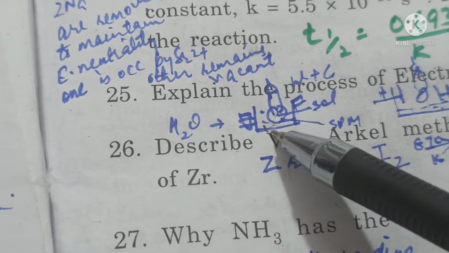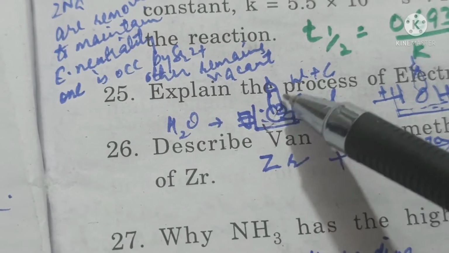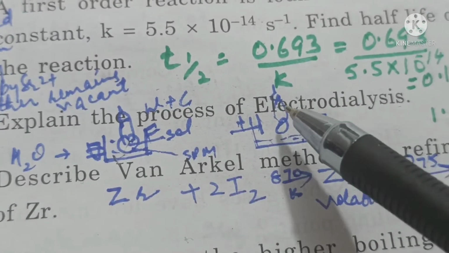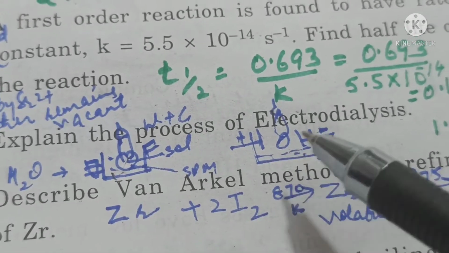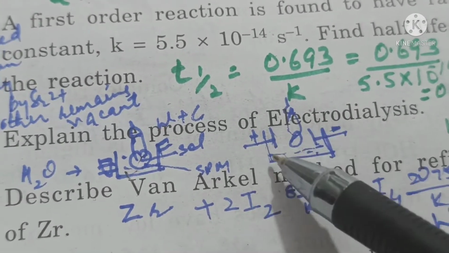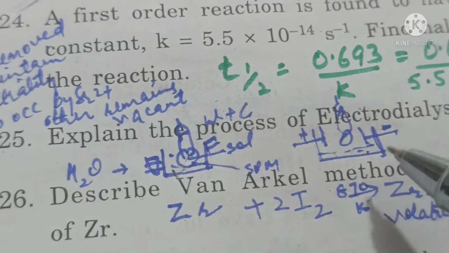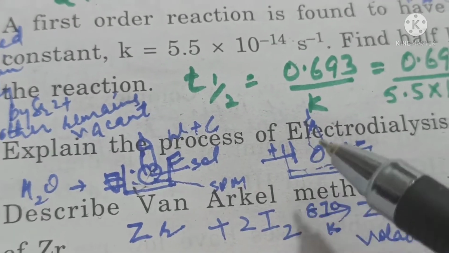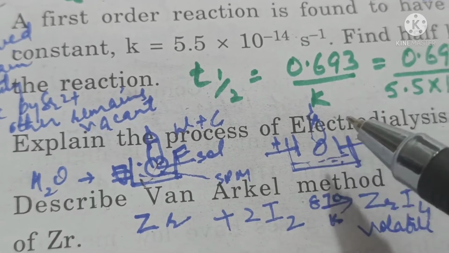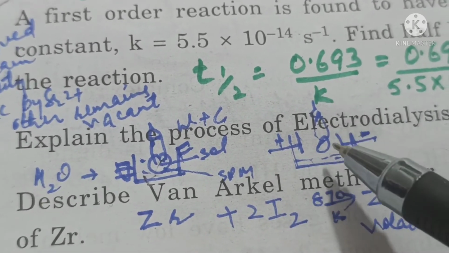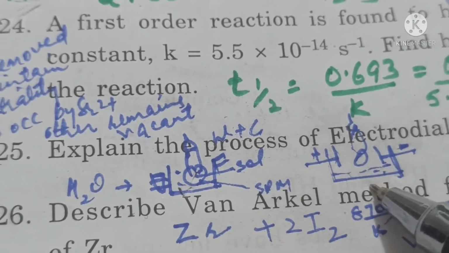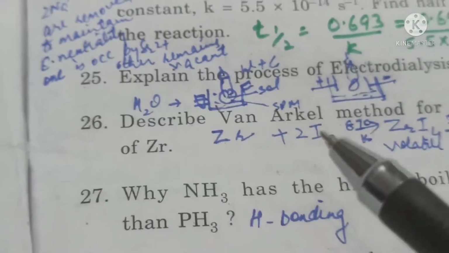So as it moves out, the colloid is purified. Now, in case of electrodialysis, the process is speeded up by using electric field. So in electrodialysis, by applying electric field, the process of dialysis, that is movement of impurities from a colloidal solution into pure solvent or water, is called electrodialysis.